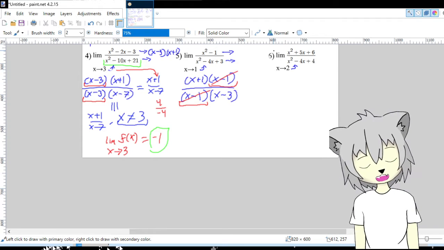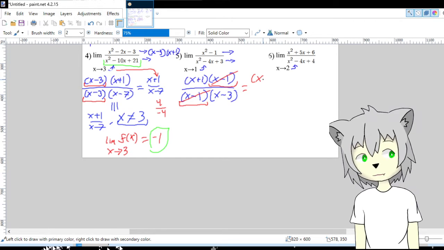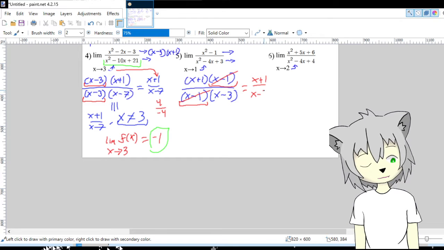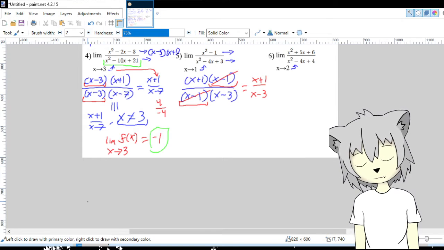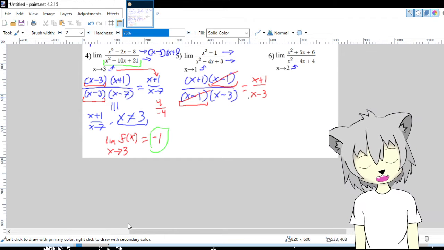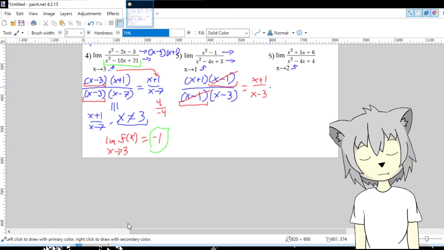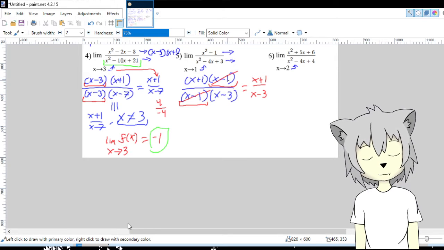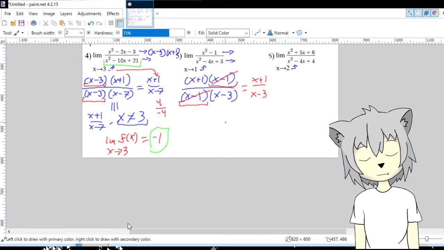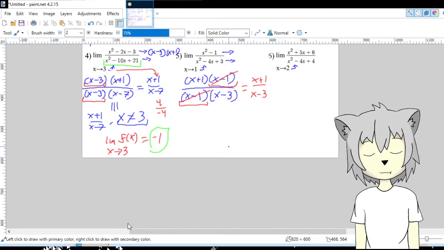Again, here those two cancel out. We just get x plus 1 and x minus 3. Then, of course, we also have to include this little thing where x can't be equal to 1, but I don't care. It's too annoying and really pointless to the entire thing.